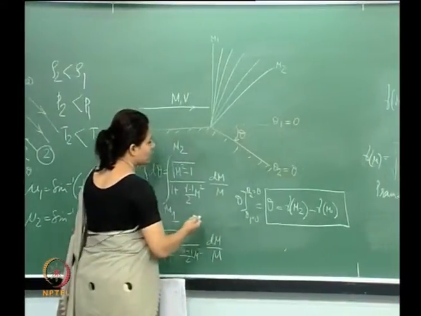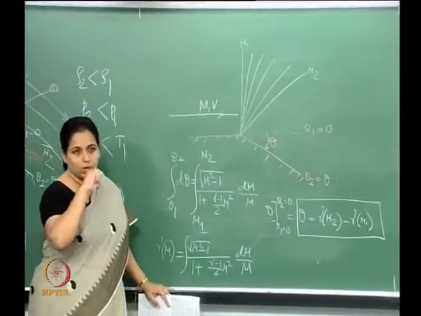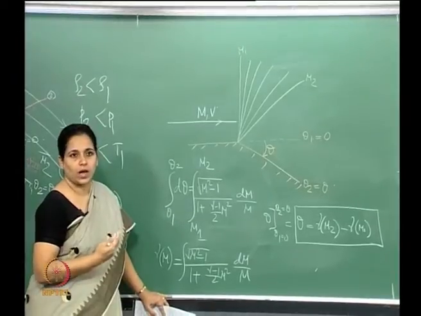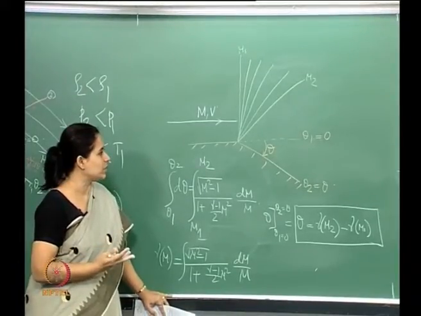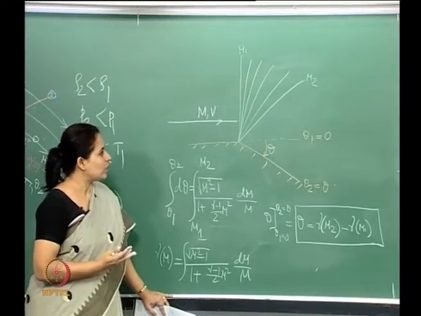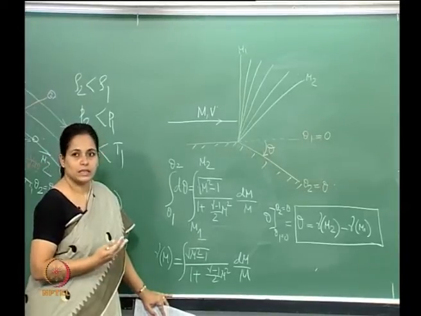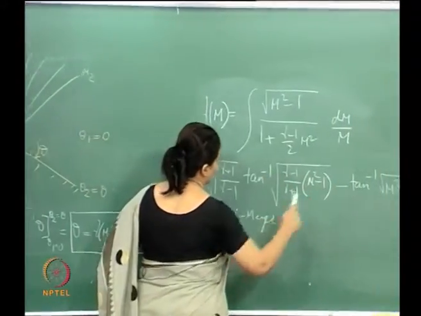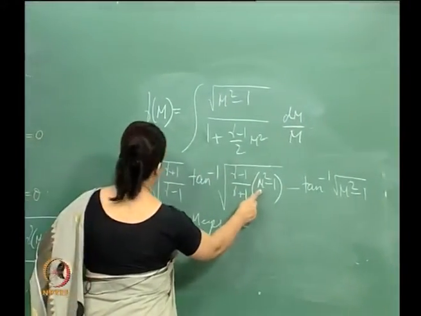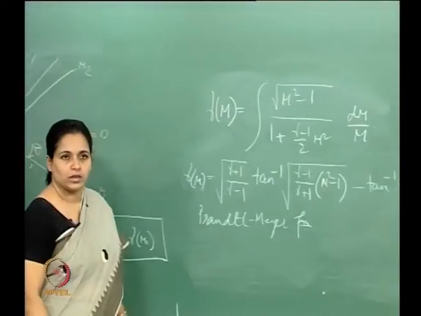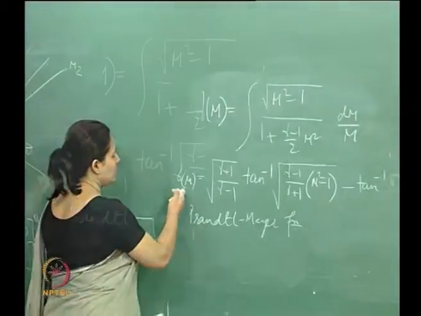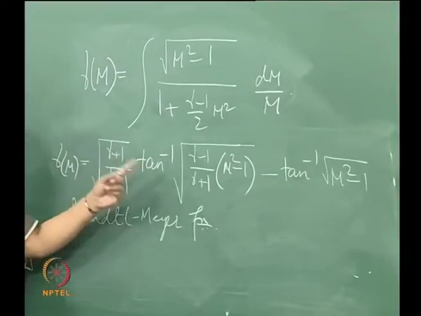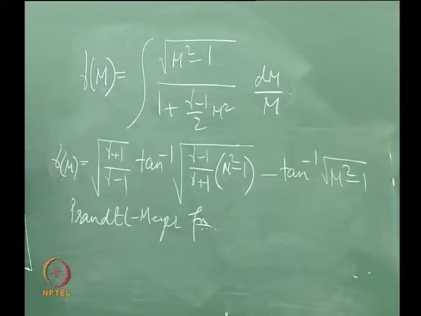Now, let us do a problem and see how we are going to use this, and what is in the tables and so on. When you see the Prandtl-Meyer function in the tables, if a Mach number is given, you can immediately calculate this for any given Mach number, say for gamma equal to 1.4.